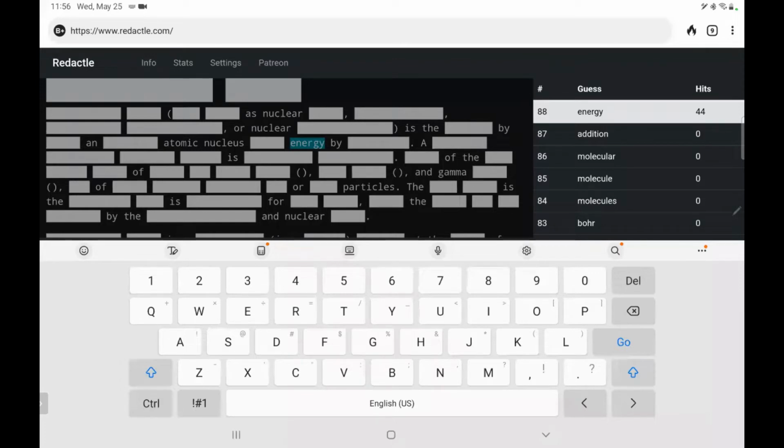And something atomic nucleus, could it be as simple as makes energy? No. Loses energy? Yeah, there we go. Loses energy. And that's the only occurrence of loses. What's that word beginning with a vowel before atomic nucleus?